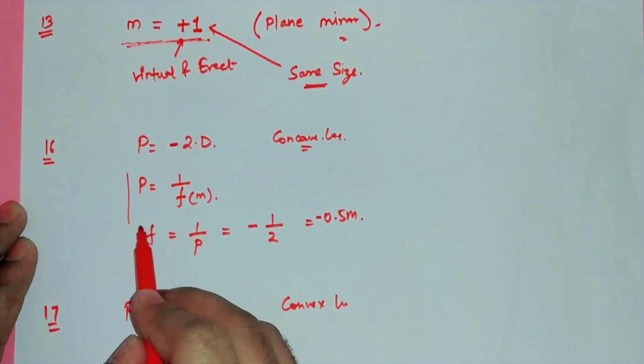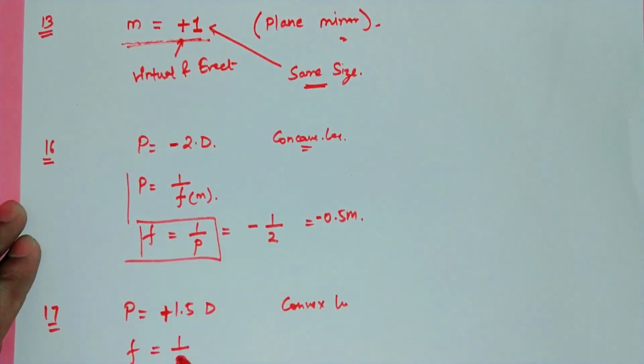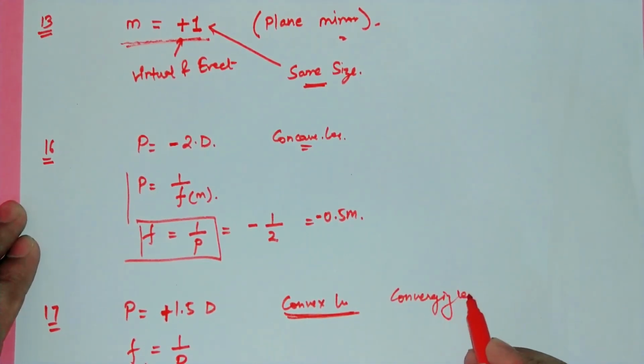Putting in the value of power, we can calculate the focal length. Is the prescribed lens diverging or converging? We know this is a convex lens because its power is positive, so a convex lens is always a converging lens.